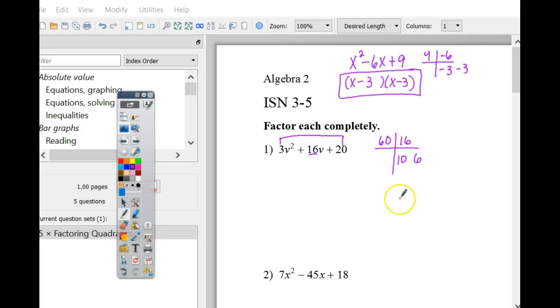These are both positive, and this is positive, so I'm going to use my positive factors. So just like here, when I wrote x and x, this time I'm going to write 3v and 3v. And then I'm going to put my factors. Plus 10, plus 10. Oh, plus 6, sorry.